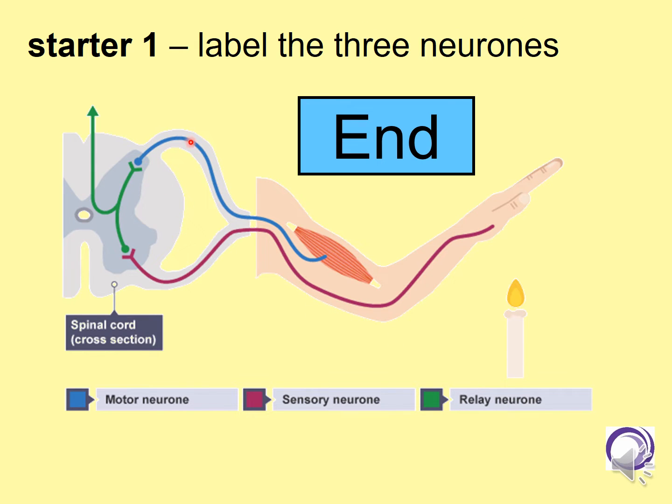And then connected to an effector, which could be a muscle or a gland. It's a muscle in this case, the bicep in the arm. We have the motor neuron. So label the 3 neurons: sensory, relay and motor. Let's move on. Let's see what else we can remember.